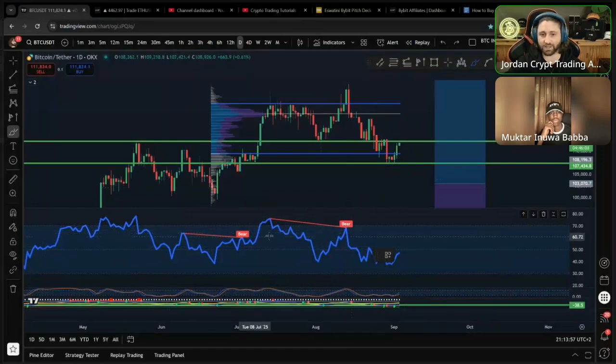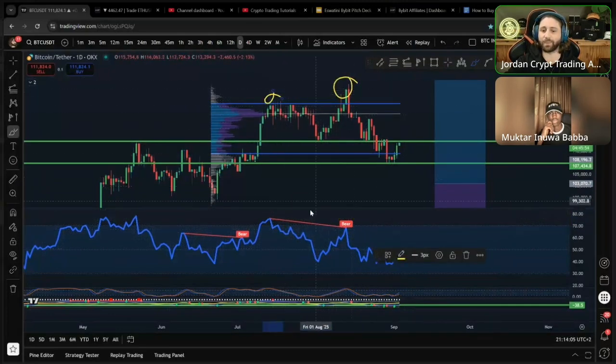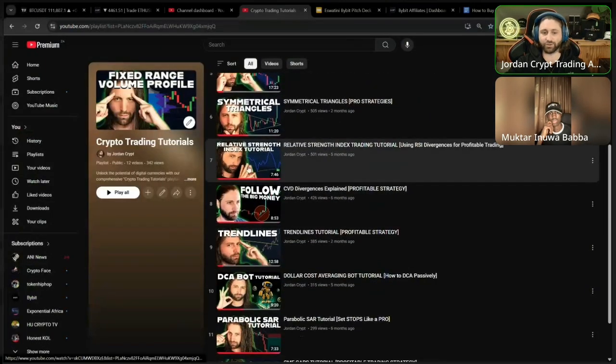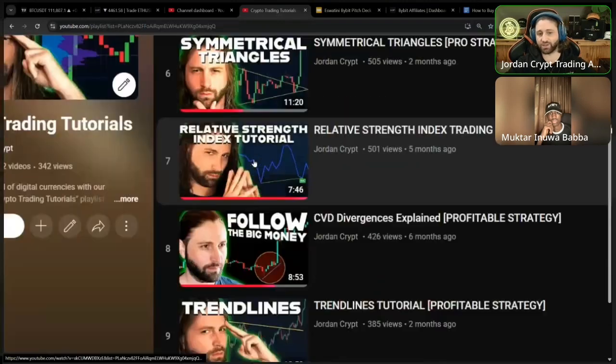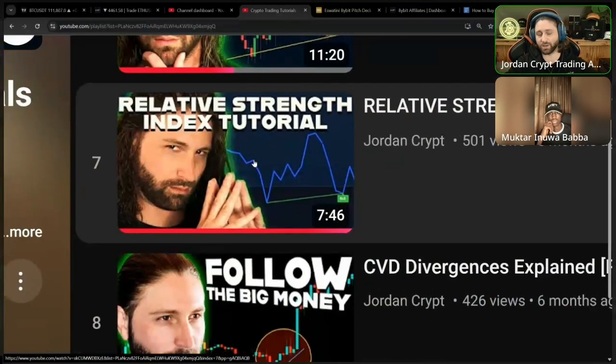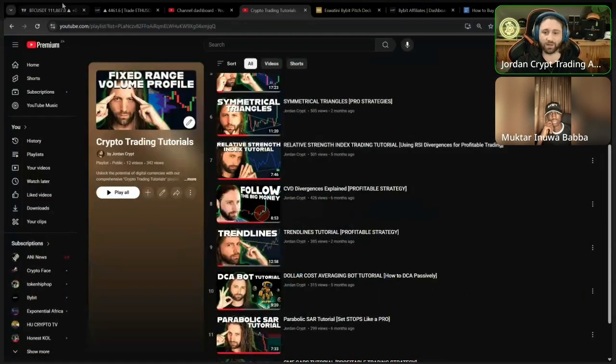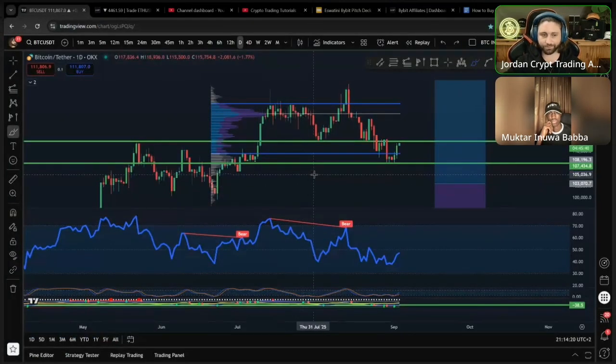We can see a very simple, identified massive bearish divergence, which is basically a higher high in price and a lower high in momentum. There's a full video on this right here, relative strength index, that will tell you exactly how to understand these divergences and how to trade them.